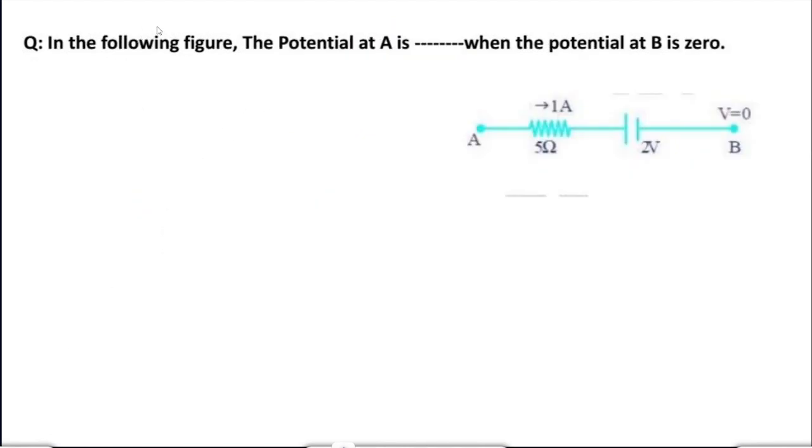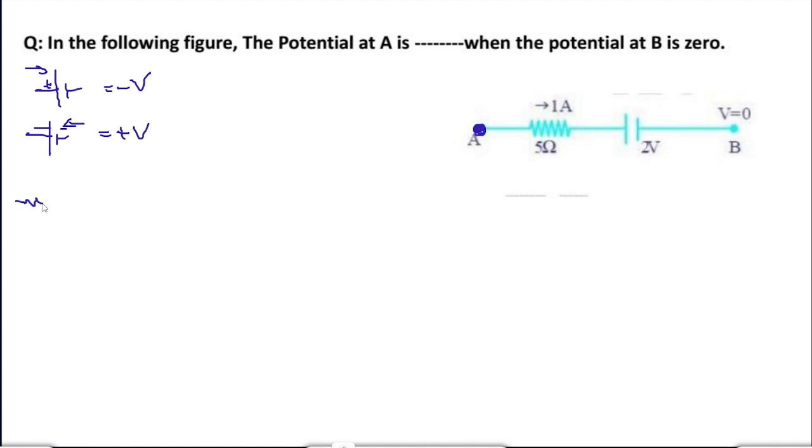Now the last one. In the following figure, what is the potential at A when the potential at B is 0? Here we need to find the potential at this point, and to find it we need to apply loop law. I have given all four rules, right? If we are going in a loop and we hit the positive terminal, then our voltage is negative, and if we hit the negative terminal, then it will be positive.